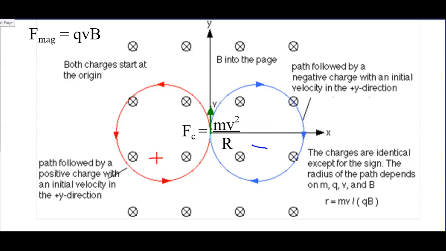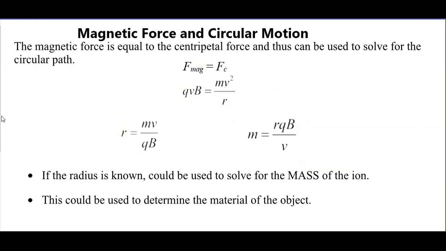So we can make those two equal to each other and figure out what the radius is, or if we can measure the radius with some detector, we can figure out what the mass of these particles are. So what you'd basically do is make them equal to each other, right? Anytime you have a particle or a mass that is moving in circular motion, your centripetal force is the net force.